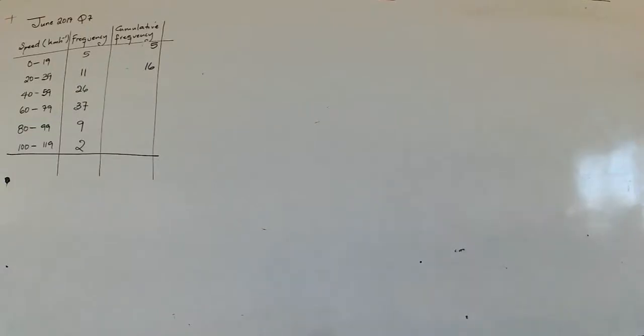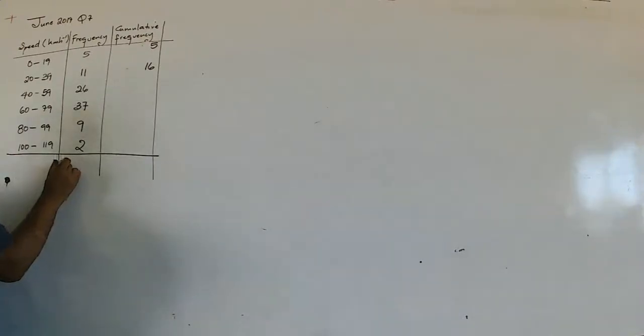All right, this is June 2017, question number 7. It says the table below shows the speed to the nearest kilometers per hour of 90 vehicles that pass checkpoints. The first thing: N is equal to the sum of the frequency.